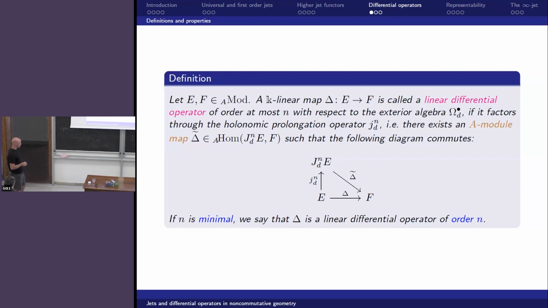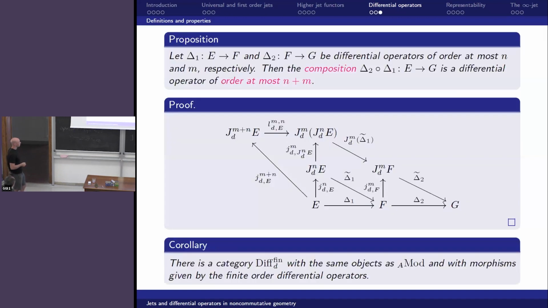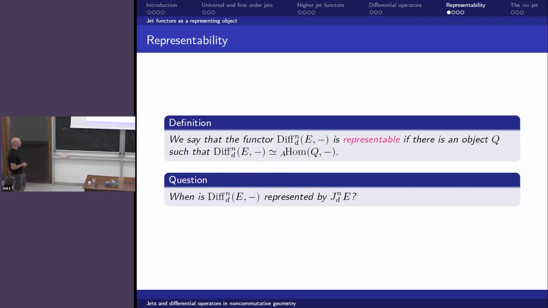You have to check whether your example or class of examples satisfies this. In general, there will be multiple lifts of the same differential operator. So when is this functor, differential operators of order at most n, represented by some object? We want it to be represented by the n jet. So when is this true?